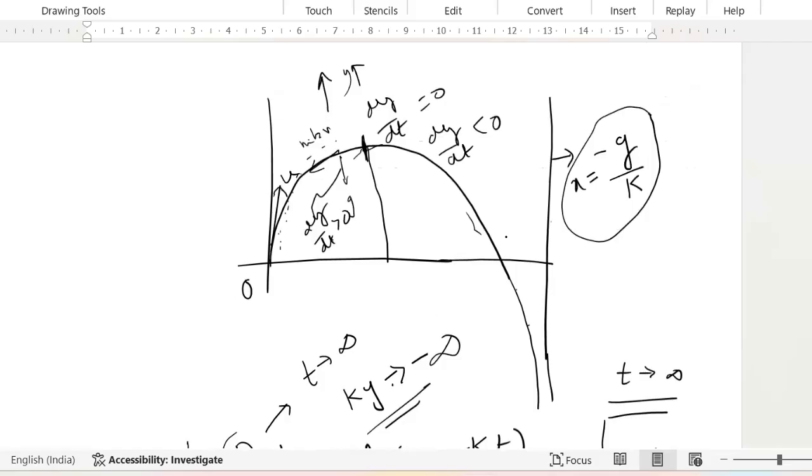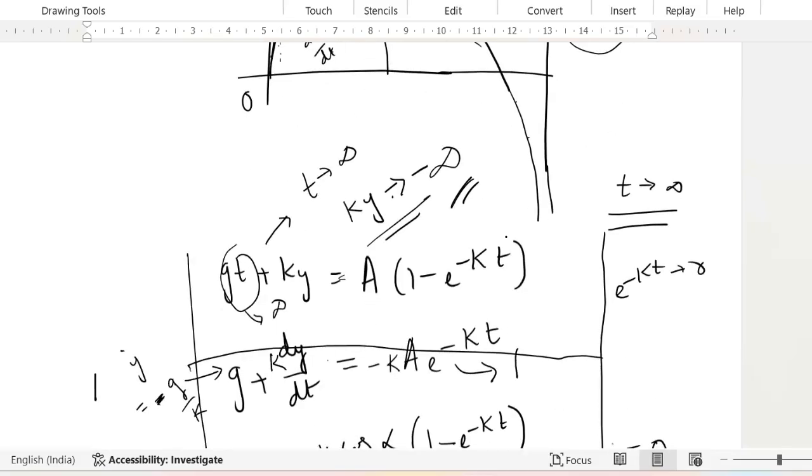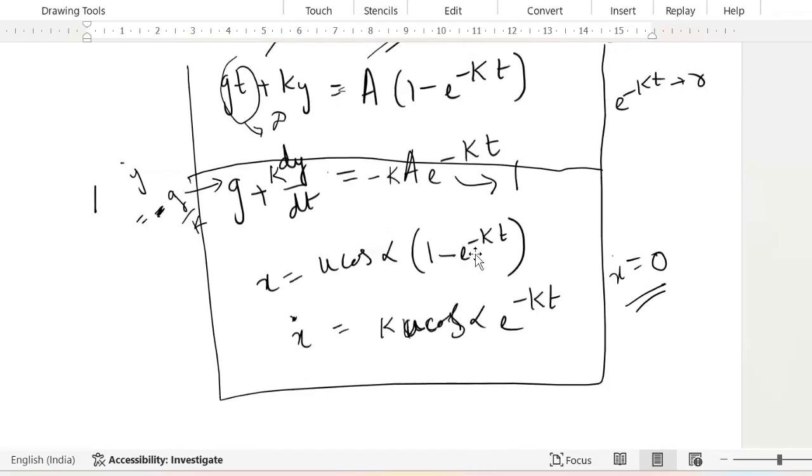You are not stopping. You are going on decreasing your y, or rather you can say you are going on increasing y in the negative direction. So this is also what is coming from the calculation. But x is fixed. If t tends to infinity, then x ultimately stops at u cos alpha, and x dot vanishes.